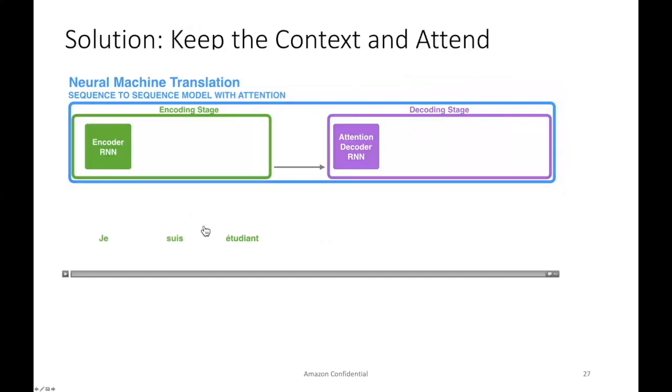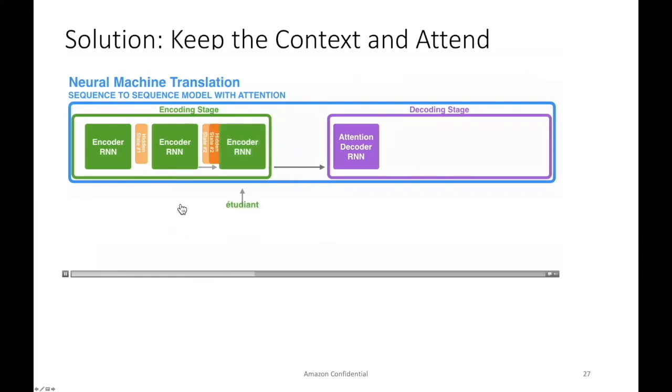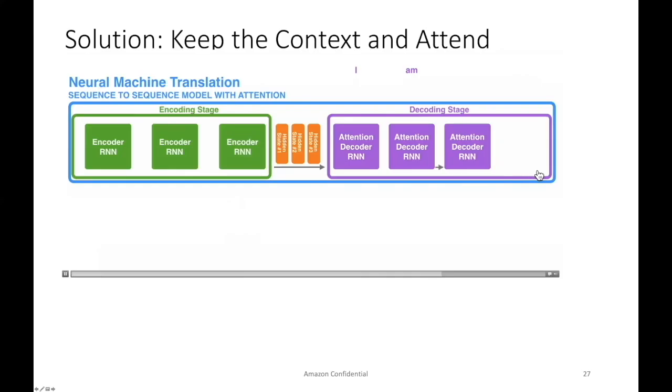Let's look at how attention works. So attention also has an encoder and a decoder, two models that are doing this, but there's a difference here. All the hidden states are kept, and then they're used in the decoding stage. So let's do this again.